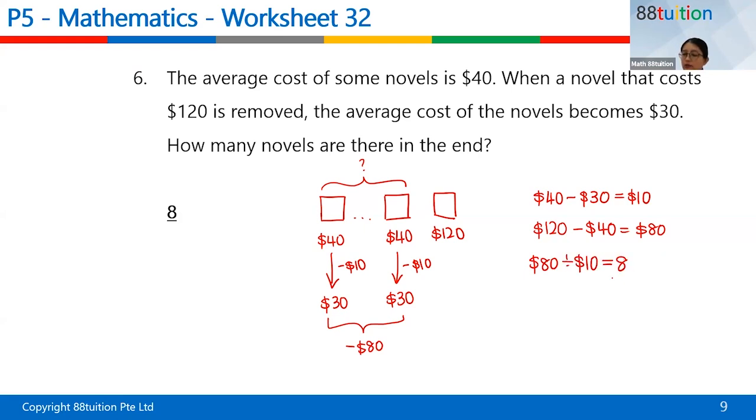There's 8 novels. So that's how it works. When you remove, you need to minus from the average, so that you know exactly what is the difference that's being taken away.